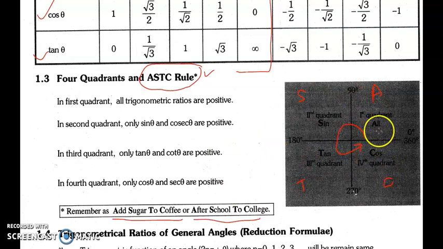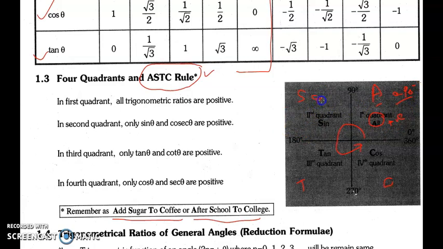Okay. Now, after starts from A. This is for all positive, meaning whenever you are trying to calculate the trigonometric ratios in the first quadrant, and the first quadrant deals with 0 to 90 degree, they all will be positive.